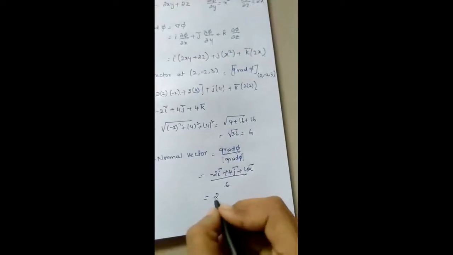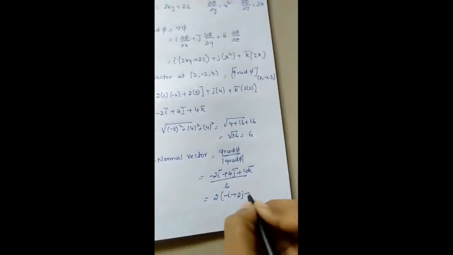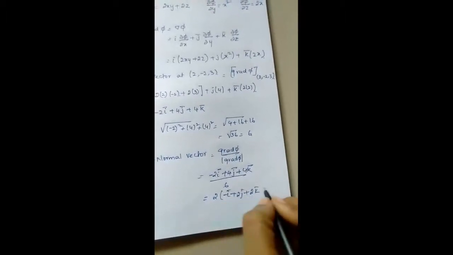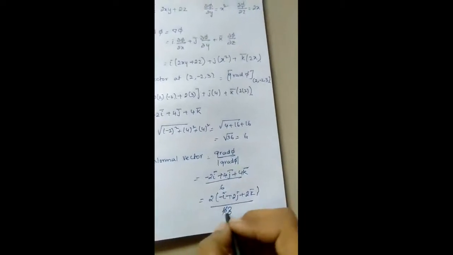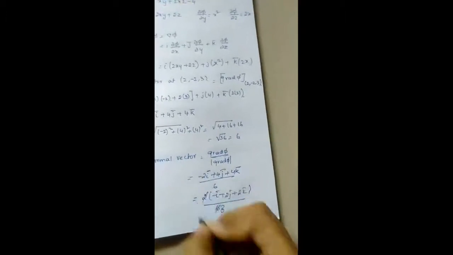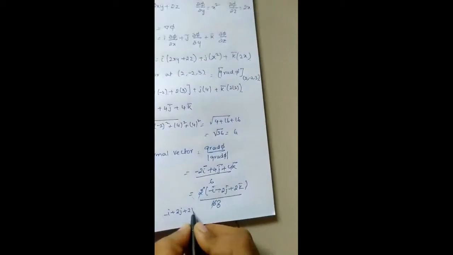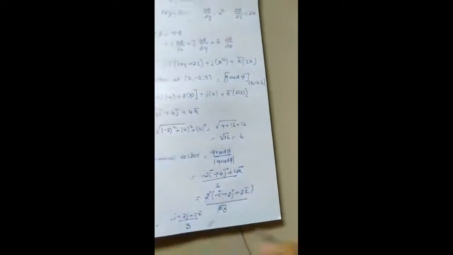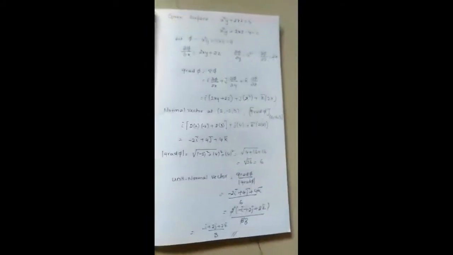If you take 2 outside, minus i plus 2 j bar plus 2 k bar, and 6 by 2 becomes 3. So the unit normal is minus i plus 2 j plus 2 k bar by 3. Like this you are going to do the problem. Unit normal vector, how to find it? Is this clear? Okay.